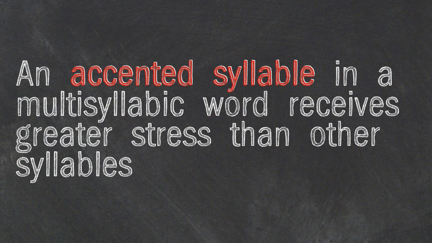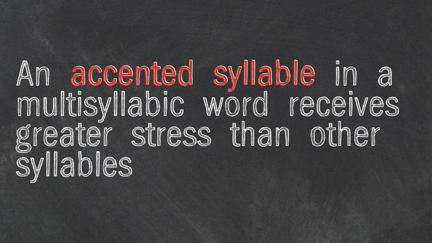There's also a thing called an accented syllable. This is often in a multisyllabic word where one of the syllables receives greater stress than the other syllables do. And when you're thinking about a one-syllable word like pan, one-syllable words are always accented.